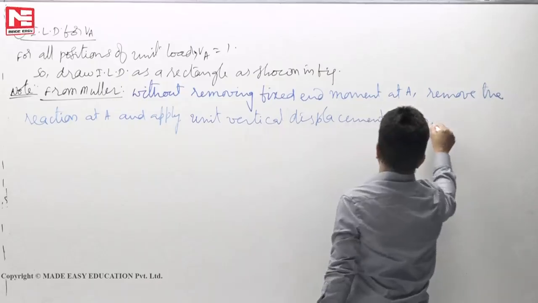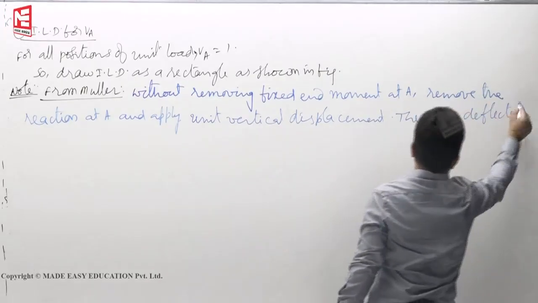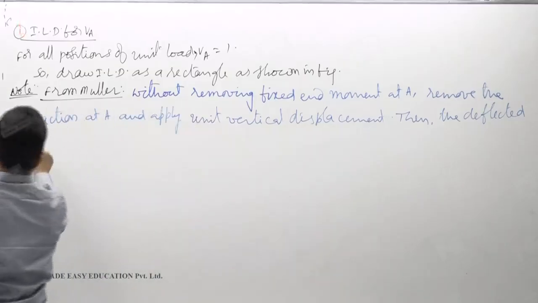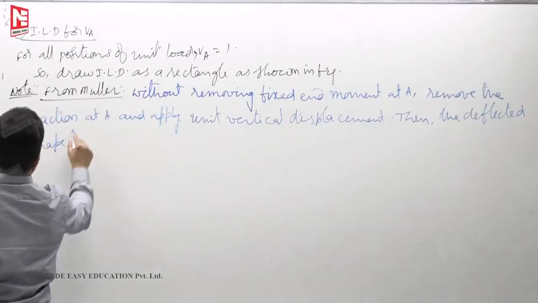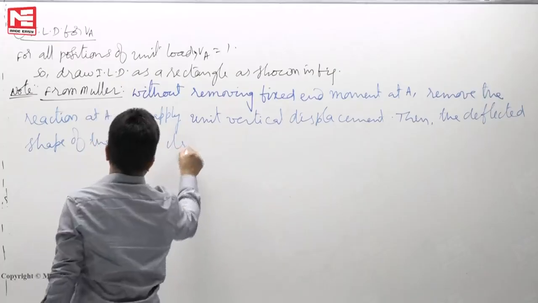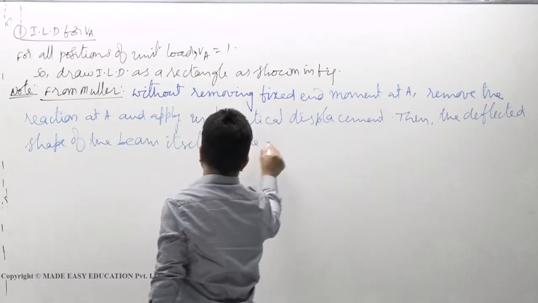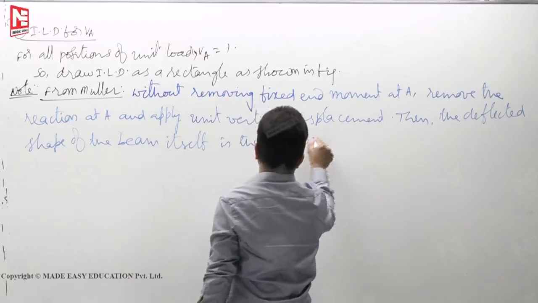Then the deflected shape of the beam itself is the ILD for VA.